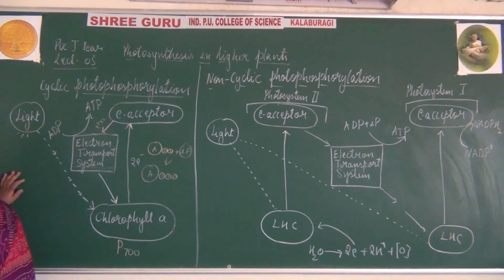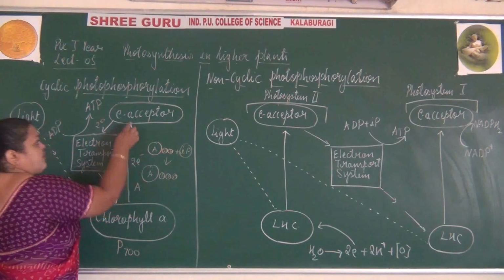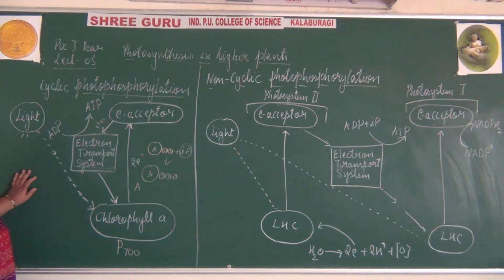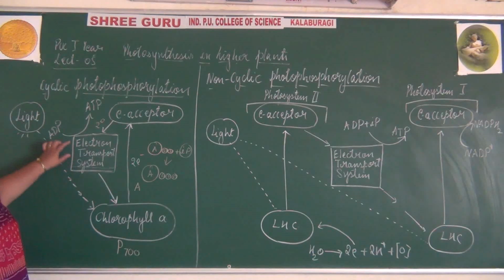So there is synthesis of ATP molecules with the help of electrons released by the primary acceptor, by the electron transport system. The electron transport system synthesizes the ATP molecules.